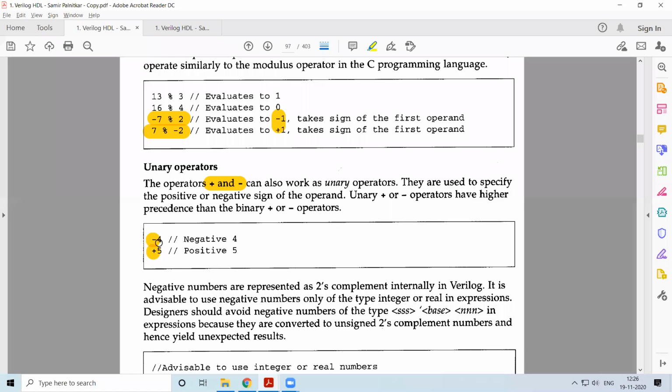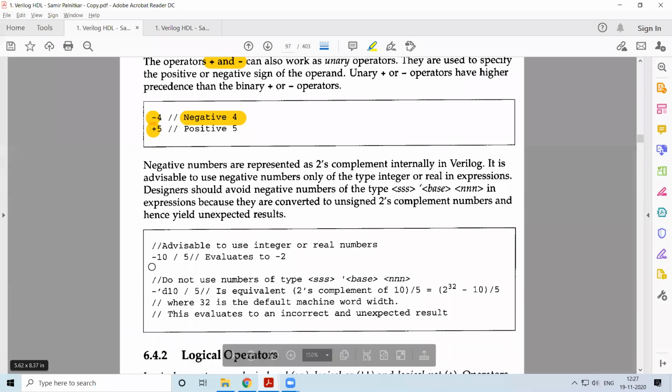Whenever you are using minus, always specify the operands in decimal or hexadecimal form, because if you observe here, minus 10 divided by 2 will evaluate to minus 2. But if I specify the same thing in this format, that is sign followed by the base format and then followed by the number, here minus, it is a decimal number, the number is decimal 10.